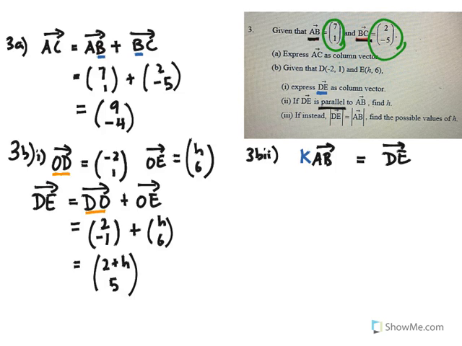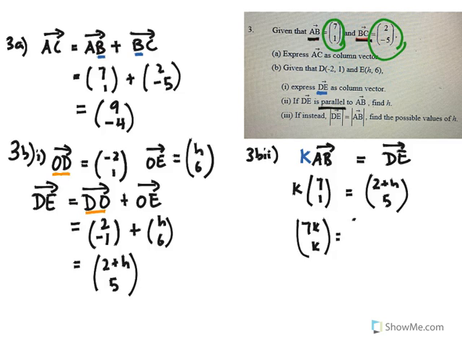So when you write, you're going to get K, bracket your AB, which is 7 and 1, and on the other side your DE is going to be 2 plus H and 5, no change. So multiply your K inside, you will get 7K and K, alright, equals 2 plus H and 5.